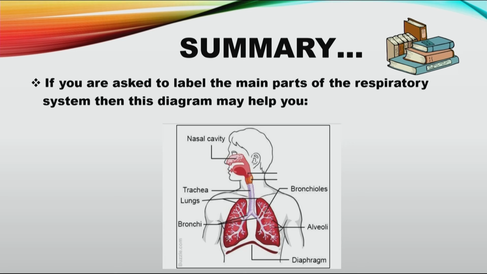So we'll sum up what we have discussed so far. If you are asked to label the main parts of the respiratory system, let's say when you go back to school, or you meet a friend on the road, you can use this diagram, which you can screenshot to be used later to help you out.